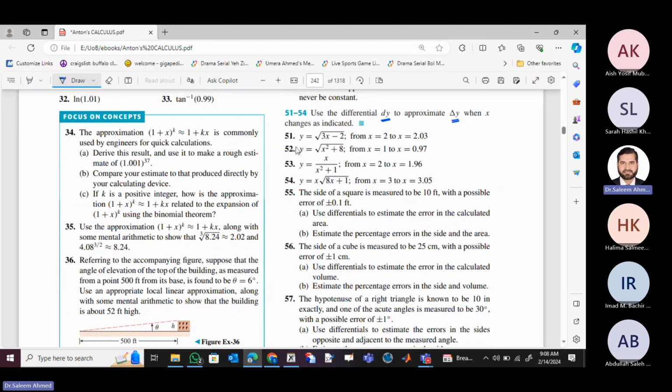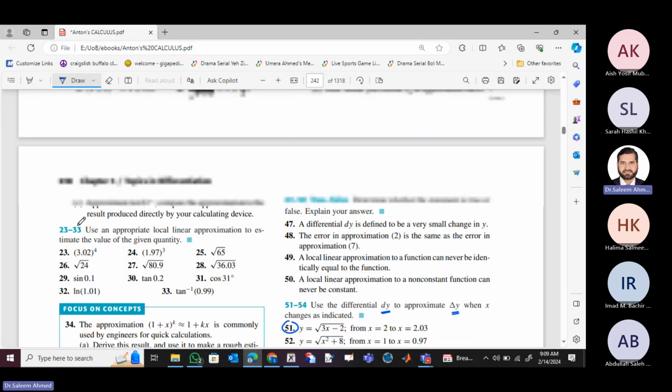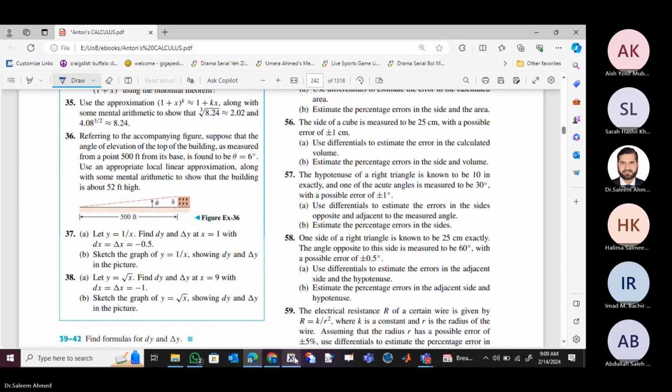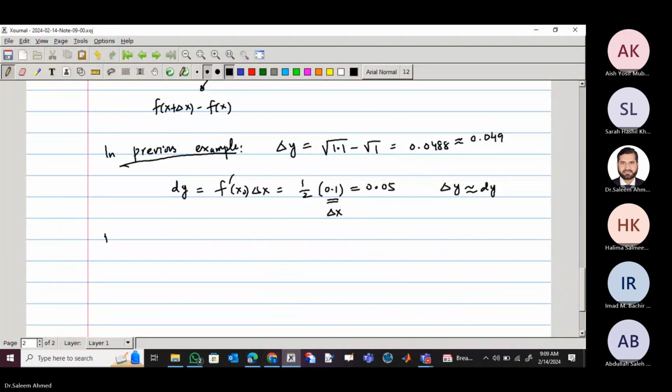So see if I do this problem 51 on page 218. Exercise 51, page 218.